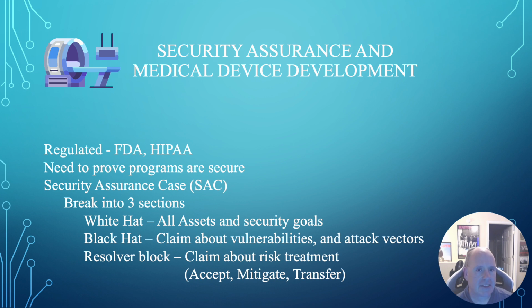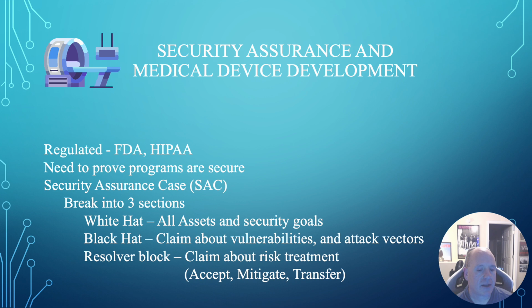And it's broken into 3 sections. The first one is White Hat, which includes all assets and security goals. This is pretty much the outline of what they want the software to do and how they want it to act. Black Hat, which is what things they think could be compromised or they know are compromised in the software and the attack vectors to do so.